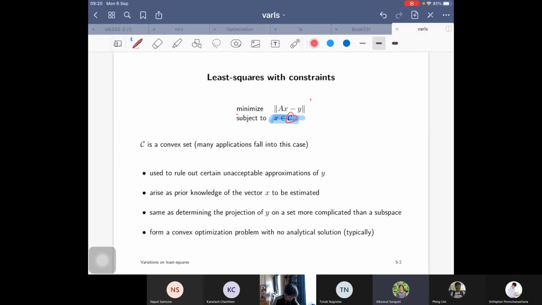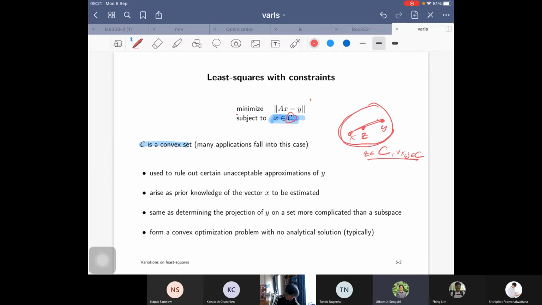As you will see, in most engineering problems, C is a convex set. A convex set is a set where, whenever you find a convex combination Z between any 2 points x and y in the set C, the point Z is also in the set C. If that condition holds, we say that the set is convex.